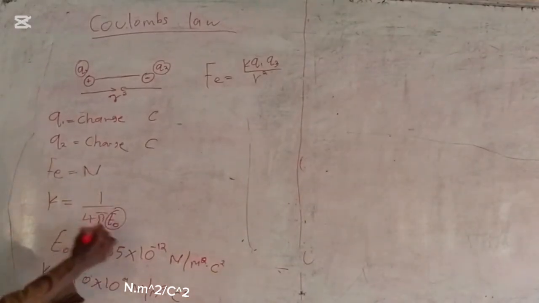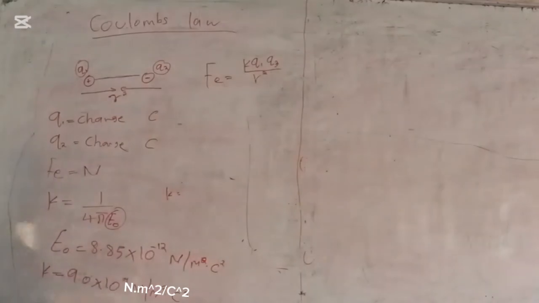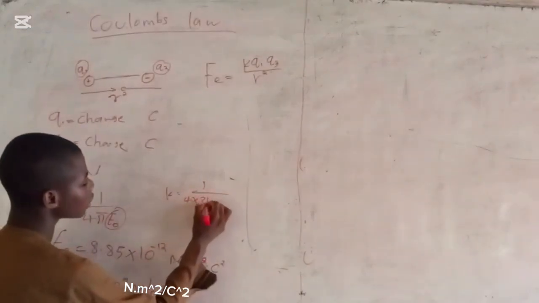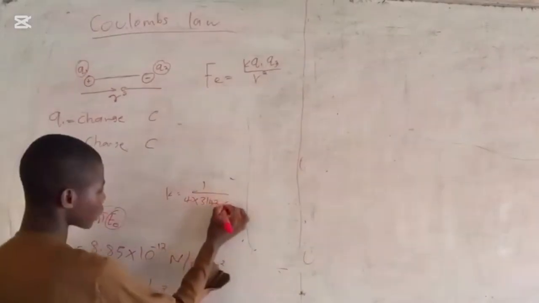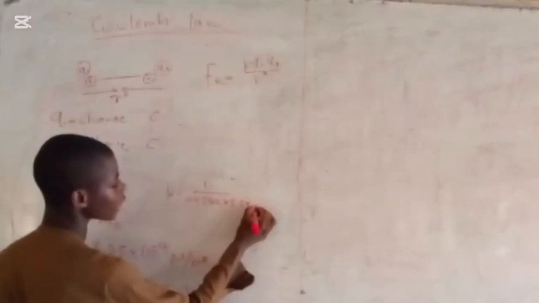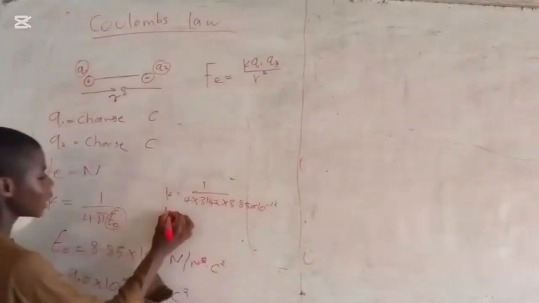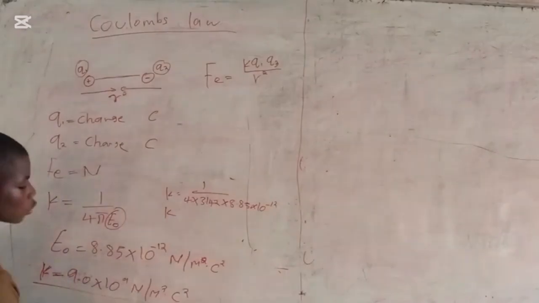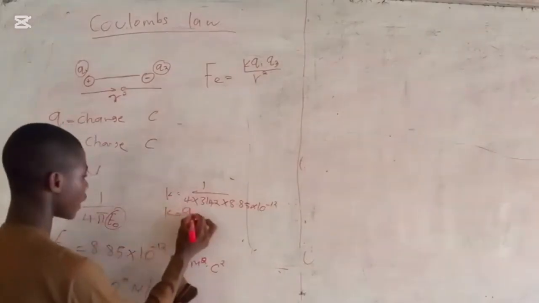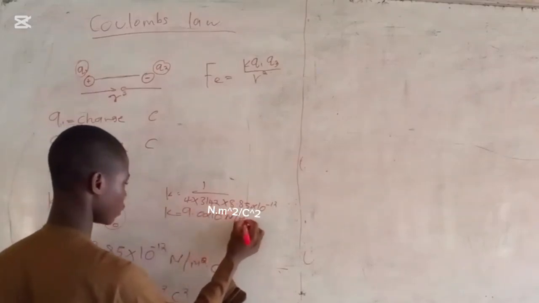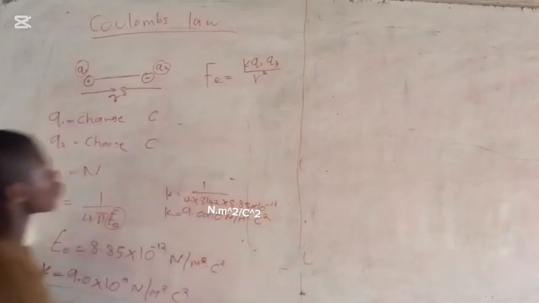To prove this formula, we can just say 1/4 times 3.142 times 8.85 times 10 exponential of negative 12, and it will exactly give you this value: 9.0 times 10 exponential of 9 Newton meter square per Coulomb square.